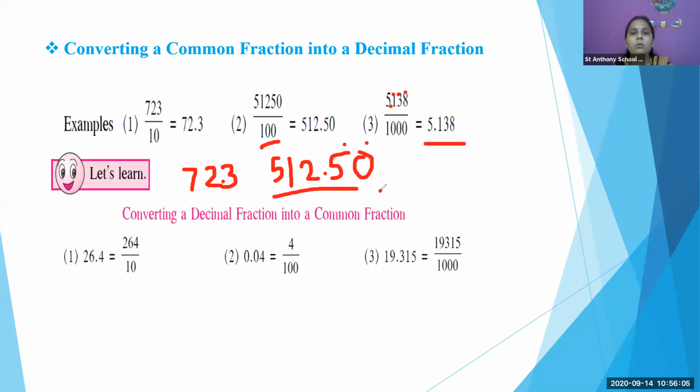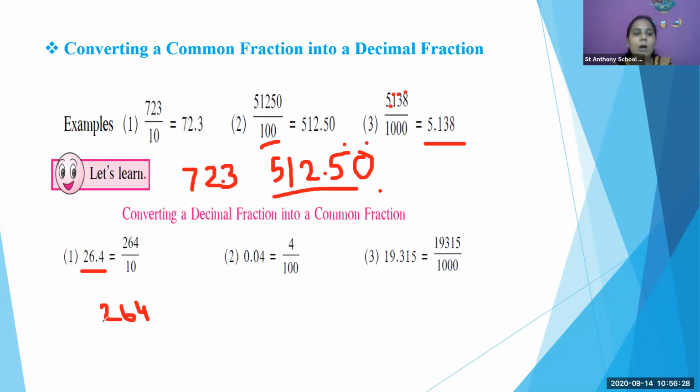Now we are going to convert a decimal fraction into a common fraction. Now 26.4. After the decimal point, how many numbers are there? Only one, right? So here we will write the number as it is, 264.